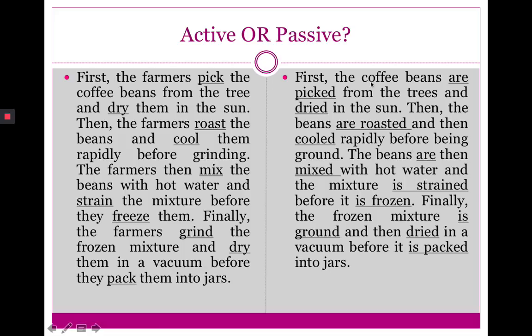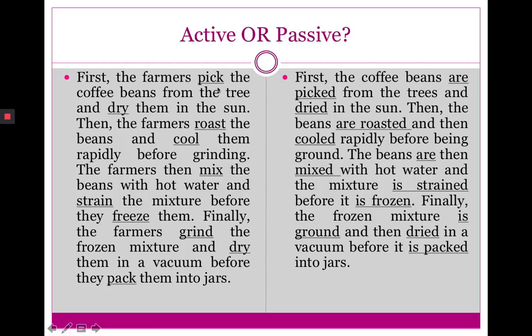So number one, you can see that the subject changes, right? Instead of having the person in front, now we have the receiver of the action in front as your subject. Number two, you see the verb changes, right?